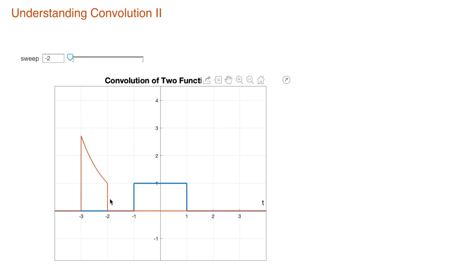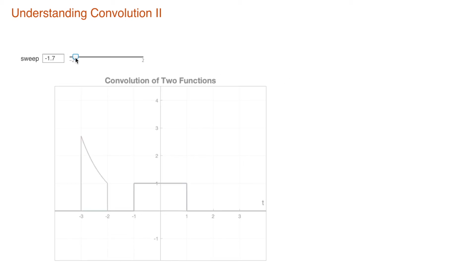which is obviously going to be 0 up until t equals -1, and then it's going to be 0 for t greater than 2. And I'm just going to sweep across again, just so maybe you can get some kind of a guess to see what that convolution function is going to look like.